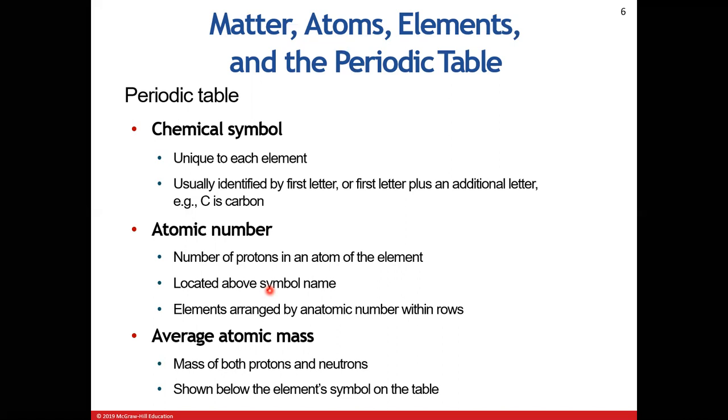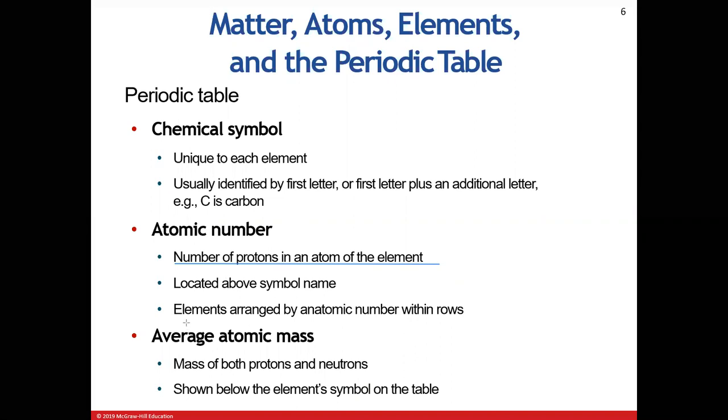The atomic number is typically the first number, or the top number, in a periodic table. The atomic number represents the number of protons in the atom of an element. Again, it's located above the symbol. I'm actually going to underline it: the atomic number is the number of protons in an atom of the element.